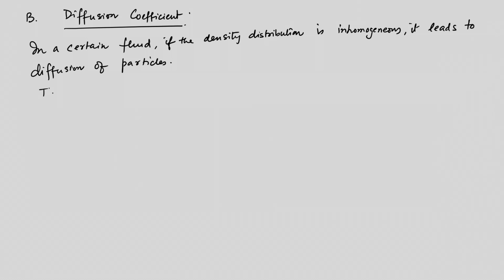The process of diffusion finally establishes a uniform distribution.